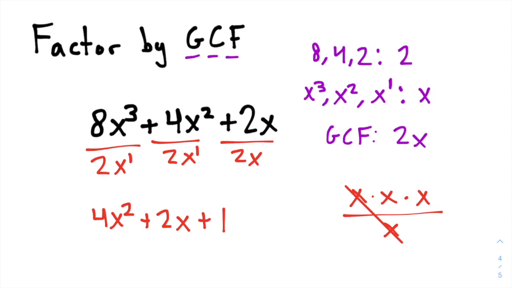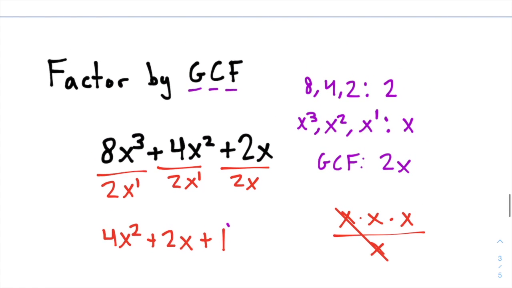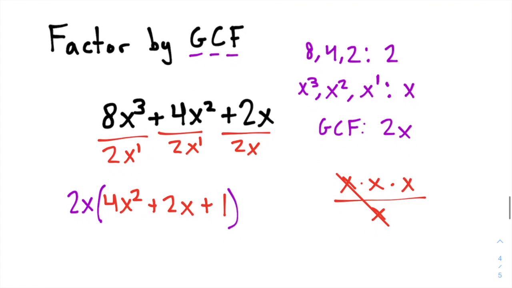Now careful, this is not our final answer. What we need is to include that greatest common factor, 2x. So we put what we get after we did the division in parentheses with the greatest common factor out front. If we did multiplication at this point, and I distributed that 2x back to every term, that would take us right back to where we started.